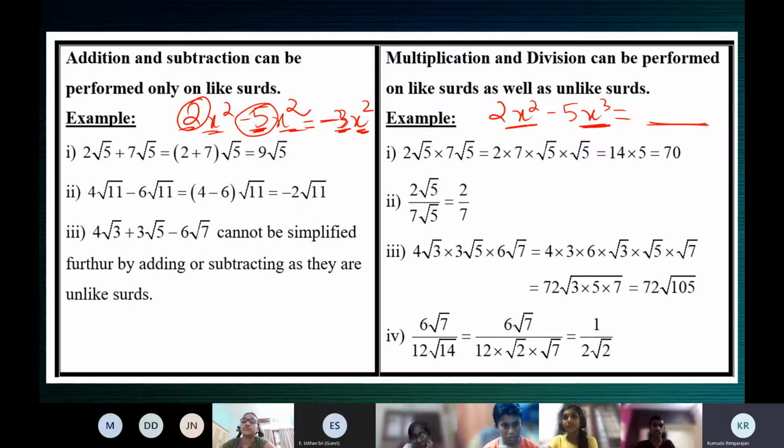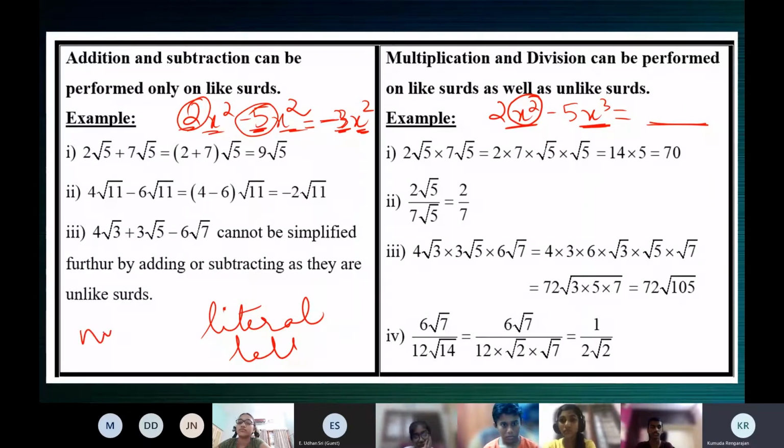So here we call this the literal factor. Literal is of letters, meaning made up of letters. We say numerical if it is made of numbers, and literal if it's made of letters. So the literal factor is different.